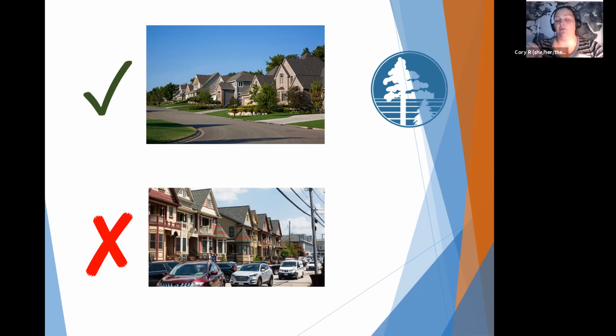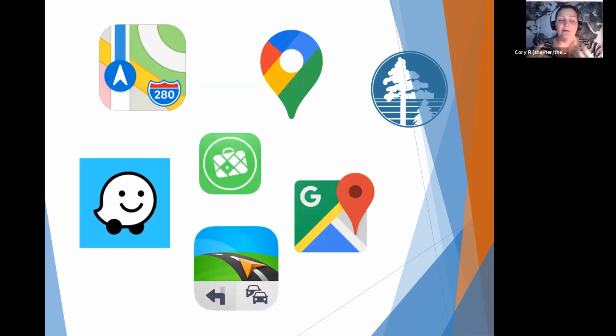They want people parking in the driveways and the garages, and they don't want a bunch of people driving up and down the road in front of their house. It's a big complaint that we get a lot: there's too many people driving through my neighborhood. And what that comes from is this, right? This comes from all of our apps, all the different ways that we ask and do our trip data.